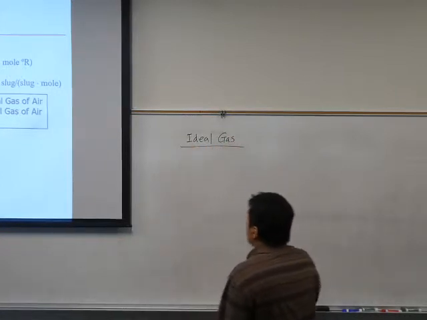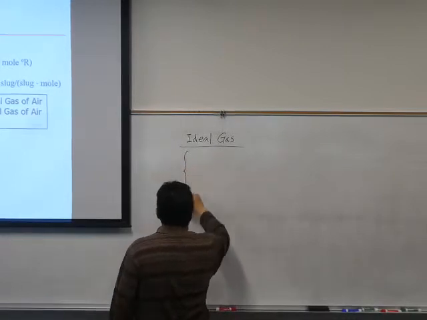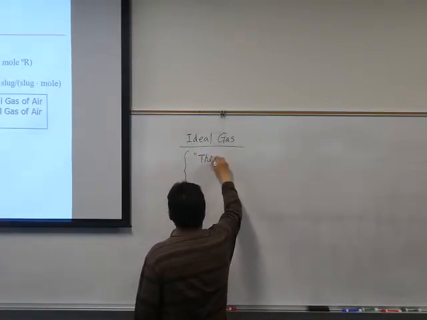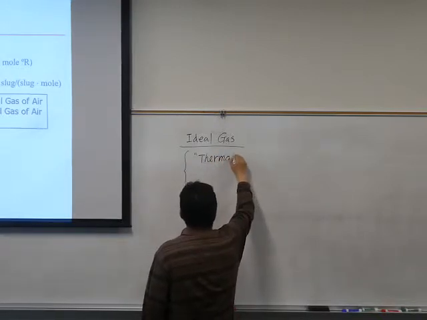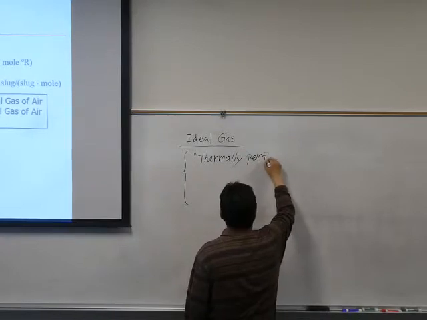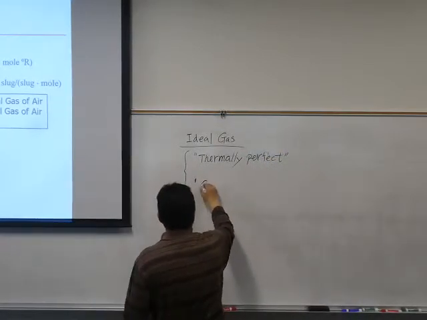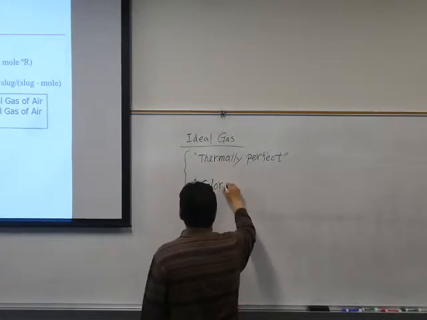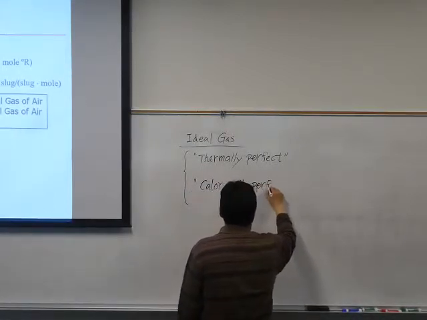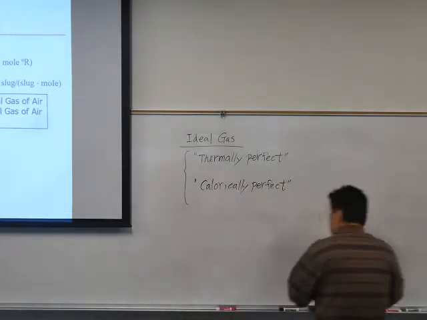Okay. Of course, we have two different types of ideal gas. One is something called thermally perfect ideal gas. One is calorically perfect ideal gas.